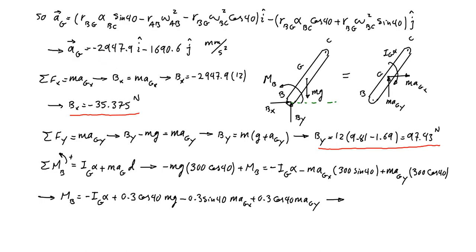And a G y, again, remember to convert it to meter per second squared. Plug them all in, you will get the value for your M. So M B would be 17.212 Newton meter. And that's the couple. So all 3 things that we were looking for, we found by just following those steps.